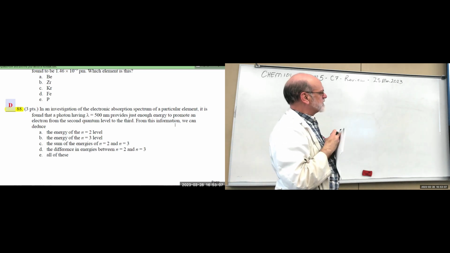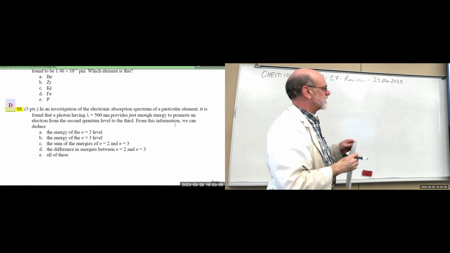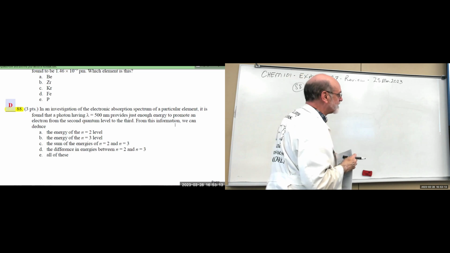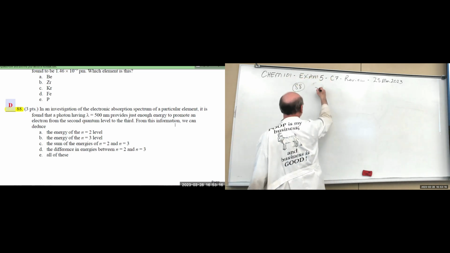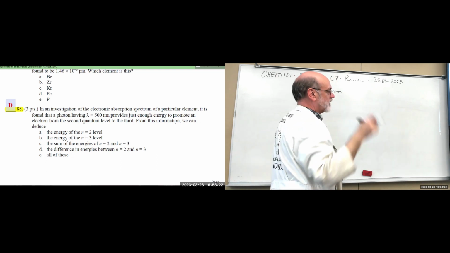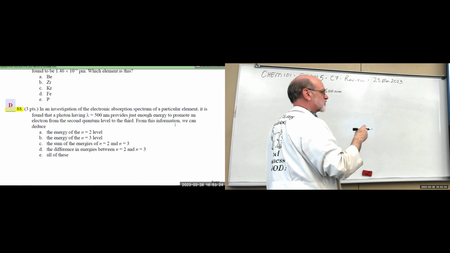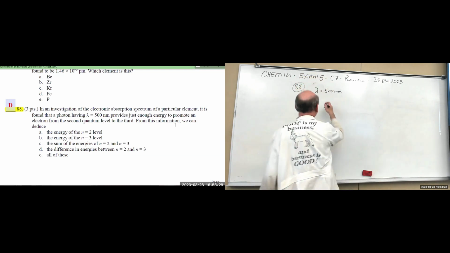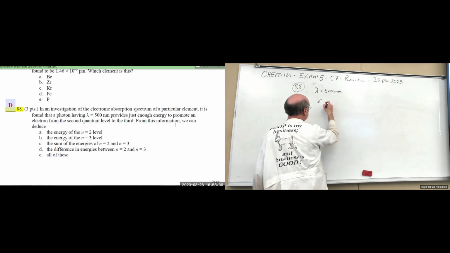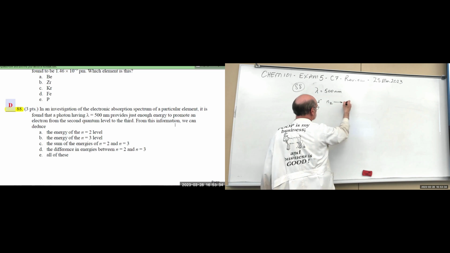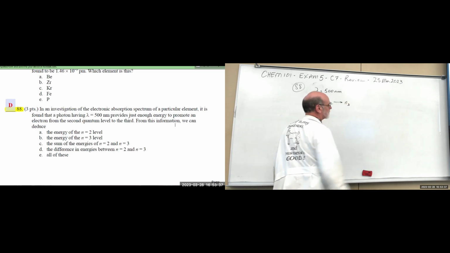In an investigation of the electronic absorption spectrum of a particular element, it's found that a photon having wavelength 500 nanometers provides just enough energy to promote an electron from second quantum level to third. So this promotes an electron from n equals 2 to n equals 3.